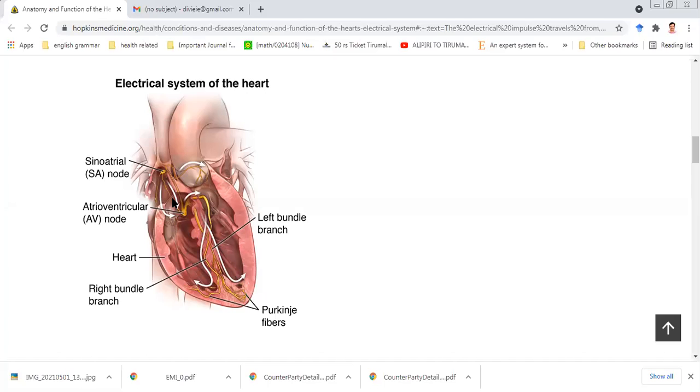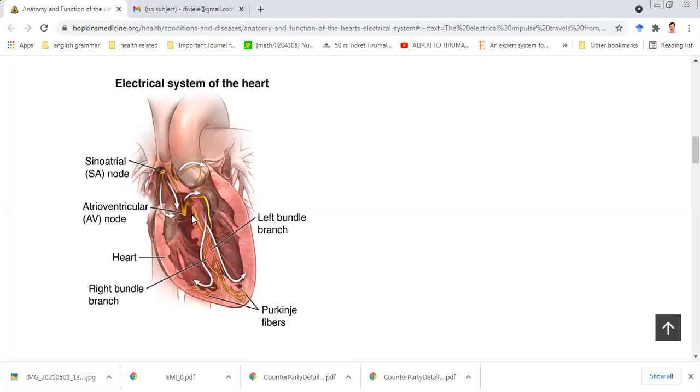Okay, and this white color represents the electrical pulses. It indicates how these electrical pulses travel. So from the atrioventricular node, the electrical pulses will travel through the bundle of His, which we already saw in the previous diagram. It is also fiber cells.